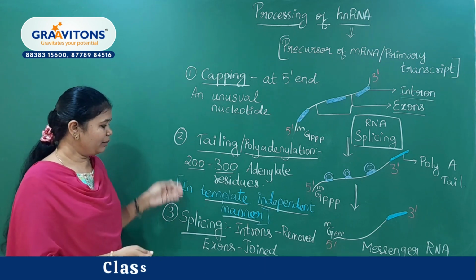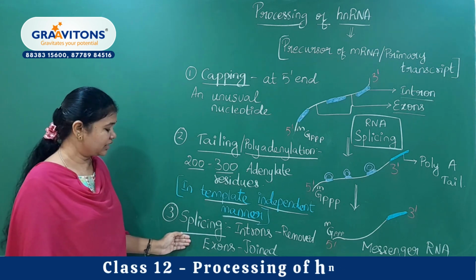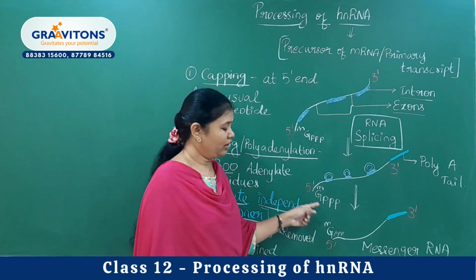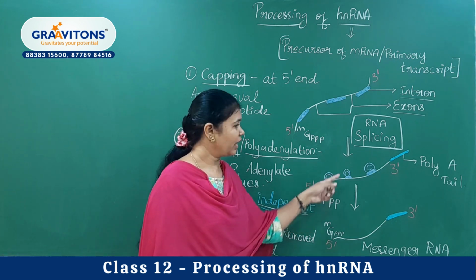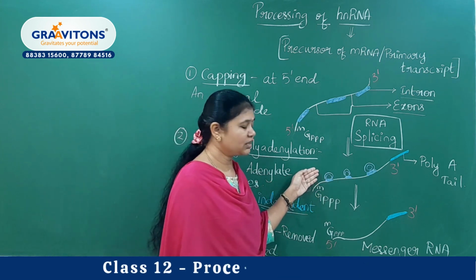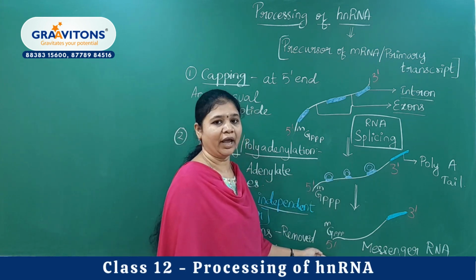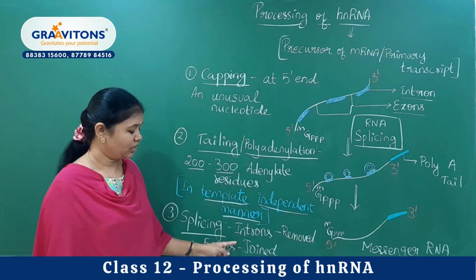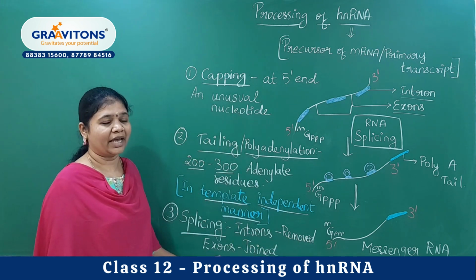Simultaneously the next process, splicing, will be happening. We have added methyl guanosine triphosphate at the 5' end and polyadenylate at the 3' end. Now, in order for this hnRNA to become mature mRNA, we have to remove the introns, that is the non-coding sequences, and join the exons.